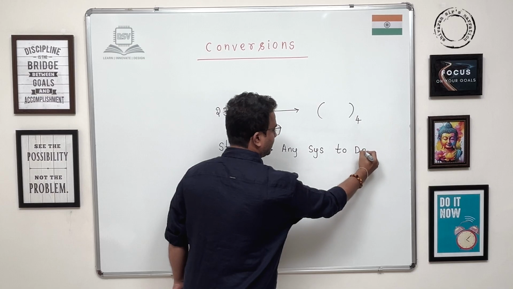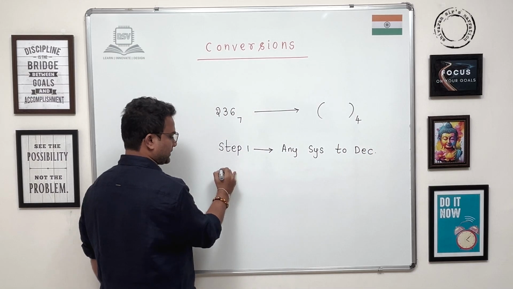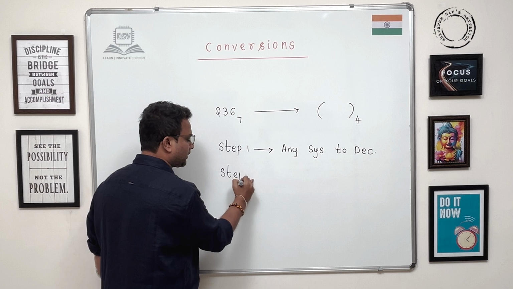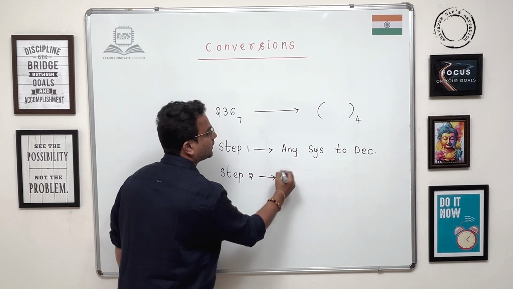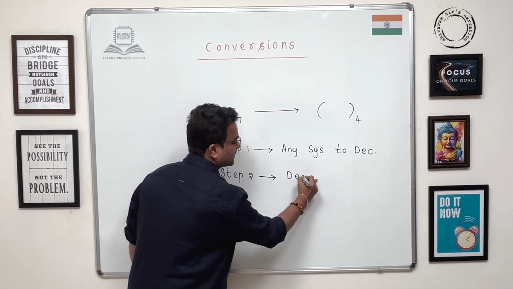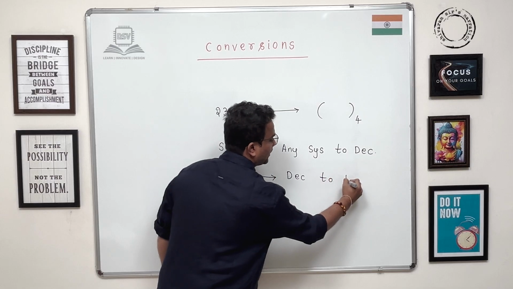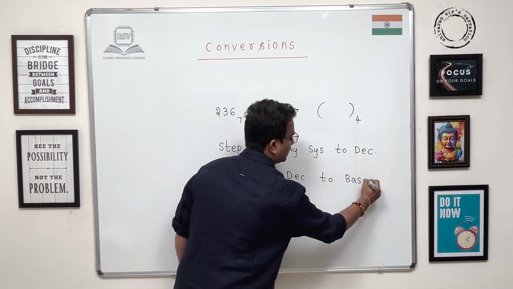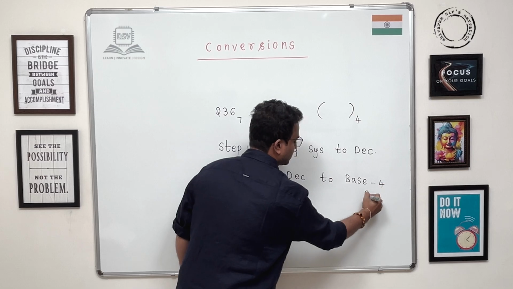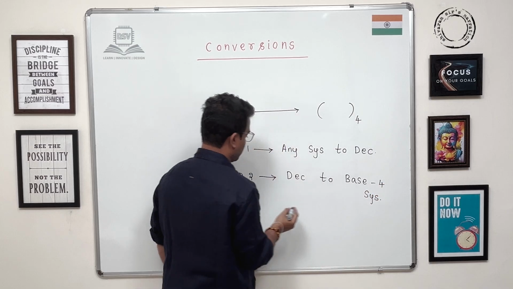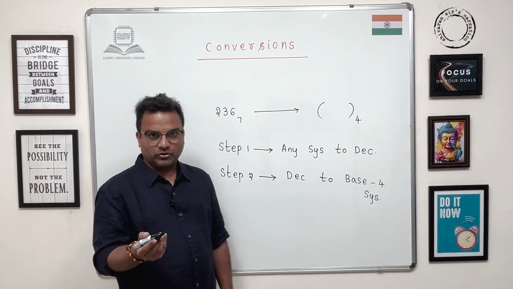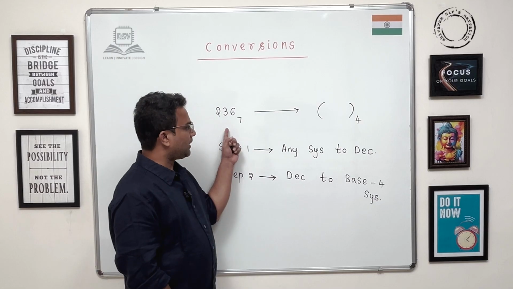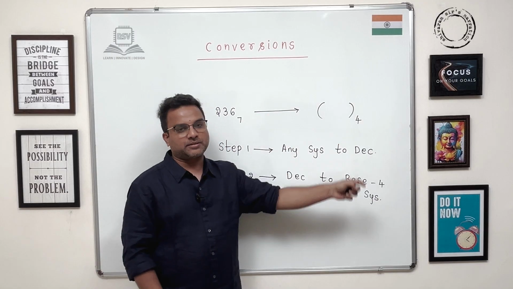Got it? And then, after conversion to decimal, you can convert the decimal number to that base 4 number system. So, decimal to base 4 number system. That's it. If you remember these two steps, you can convert any one number system to another number system.